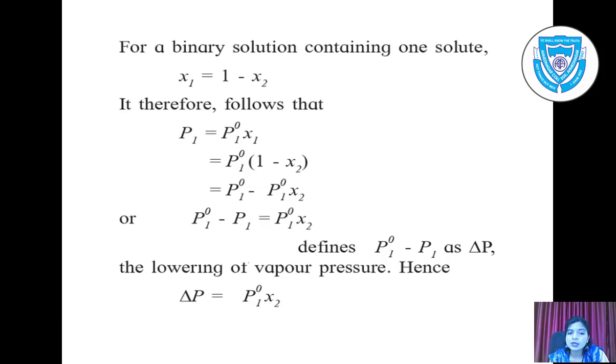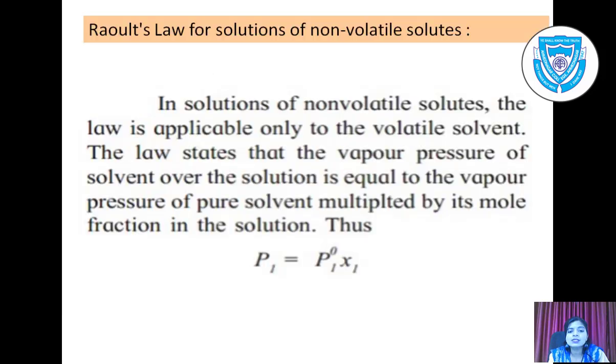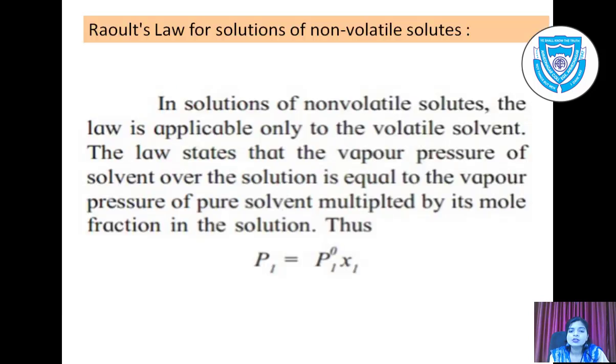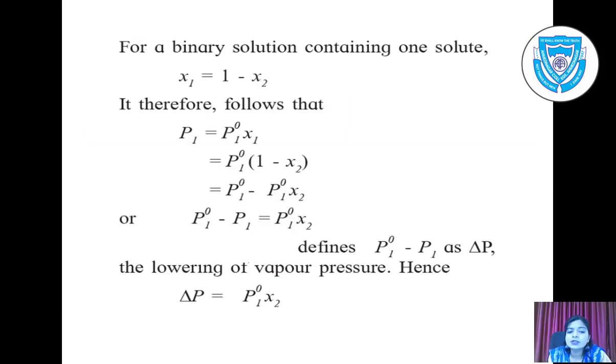This defines P01 minus P1 as delta P, which we have seen already in the previous slide. So delta P is equal to P01 into X2.